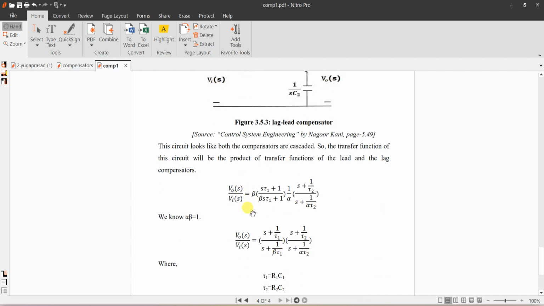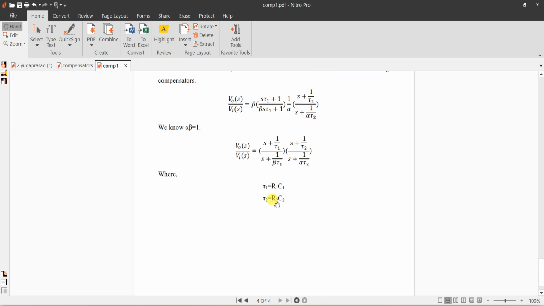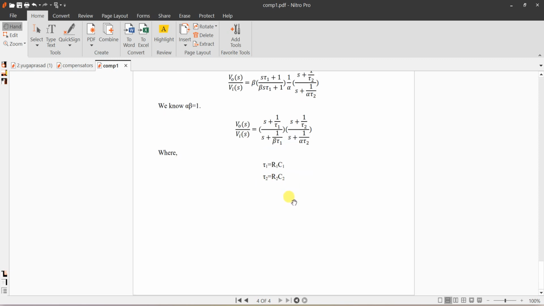If you derive it, you can refer to any textbook and you will find this formula. After simplifying, you will get V naught of S by Vi of S equal to (S plus 1 by tau 1)(S plus 1 by tau 2) over (S plus 1 by beta tau 1)(S plus 1 by alpha tau 2), where tau 1 is R1 into C1, and tau 2 is R2 into C2.